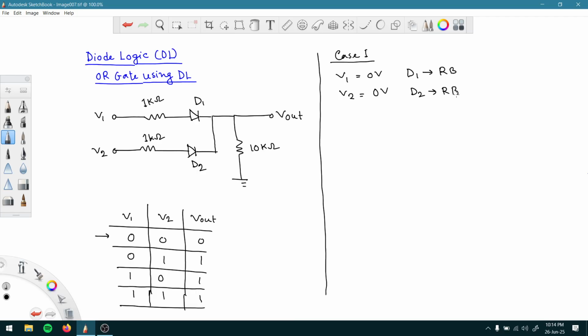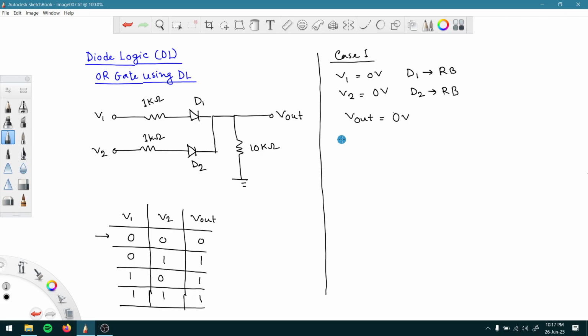If they are reverse biased, that means no current is flowing through this path and also none through this path. So we are directly going to get the ground voltage, that means 0 volt for V out. So the output V out should be 0 volt. The first condition is fulfilled: whenever both inputs are 0 volt, the output is also 0 volt.